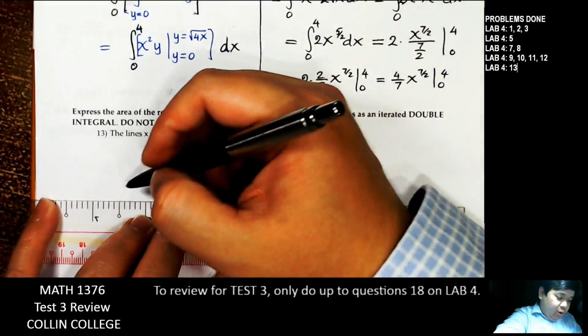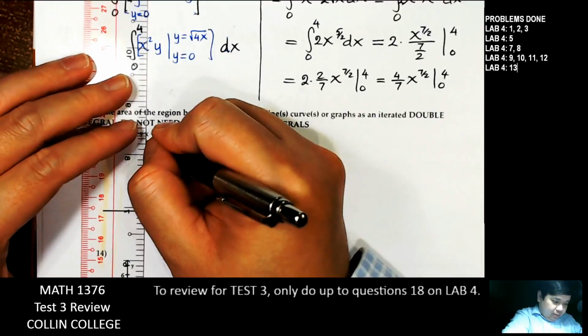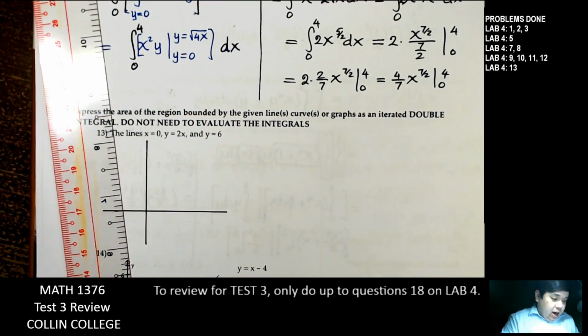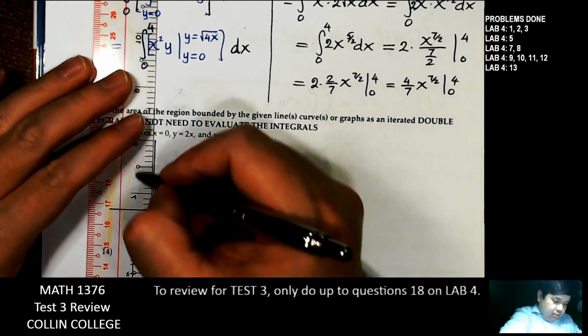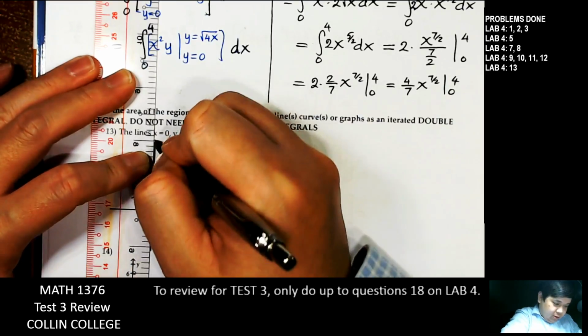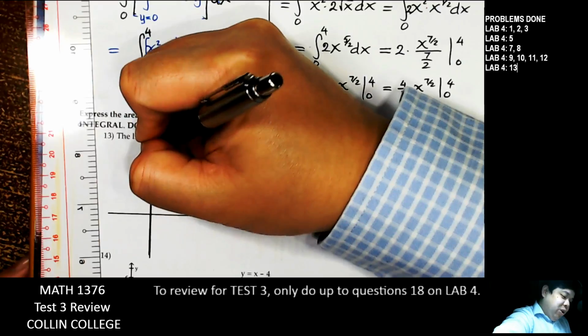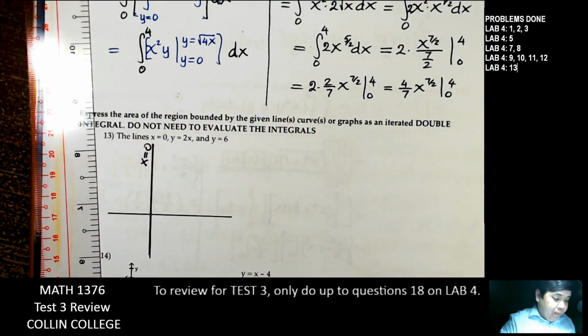Right, now I'll try to draw it. x equal to 0, that is the y-axis. We cannot put this in the calculator. The calculator can only do y equal to. So x equal to 0 is that line.